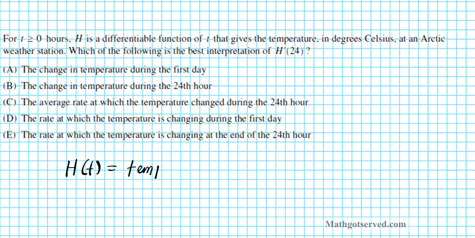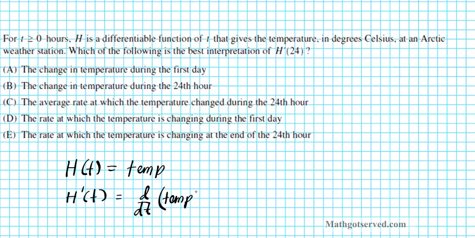Now, what is h prime? h prime is the instantaneous rate of change of the temperature. It's basically asking you at that instant in time, namely t equals 24, at what rate is the temperature changing? Okay, so h prime of t is dh/dt, the instantaneous rate of change of the temperature at any time t.